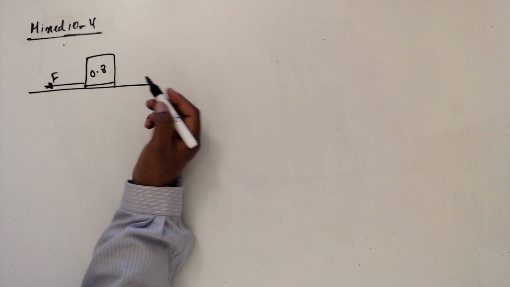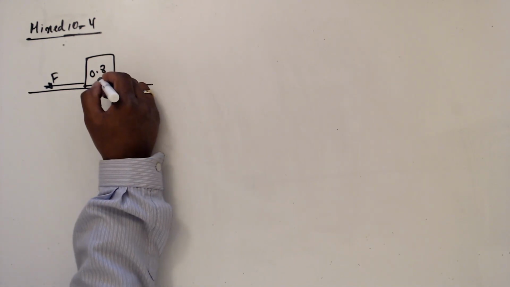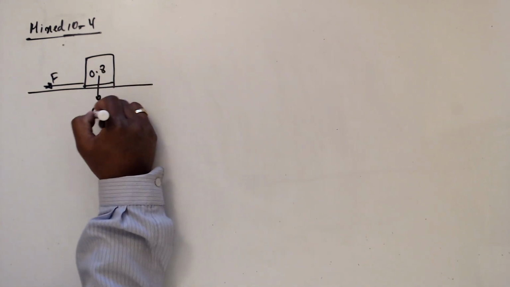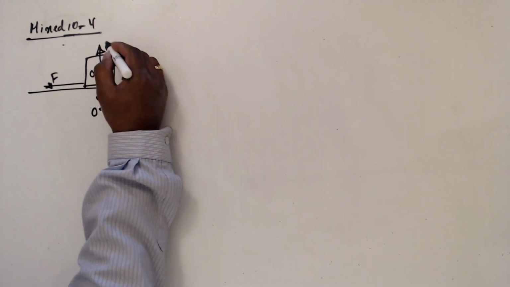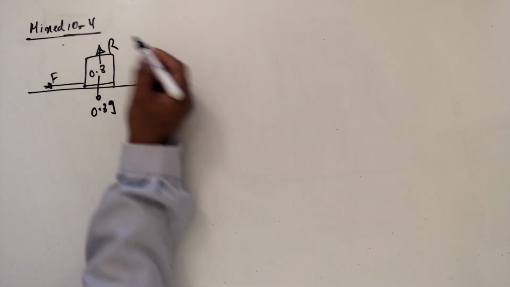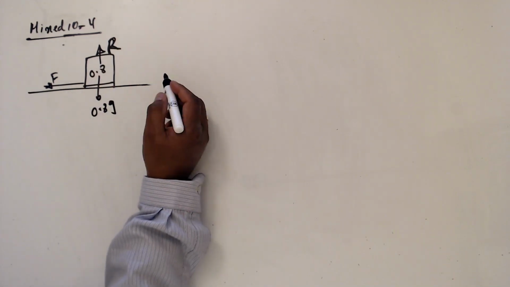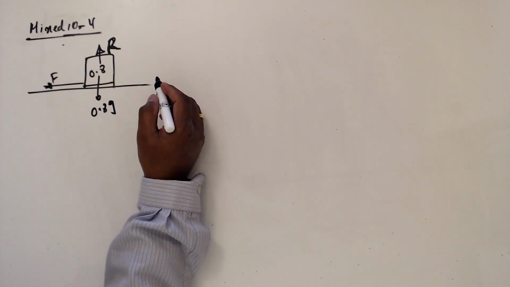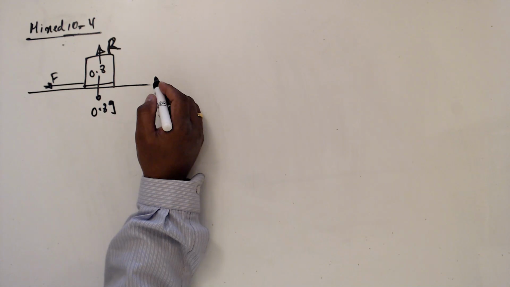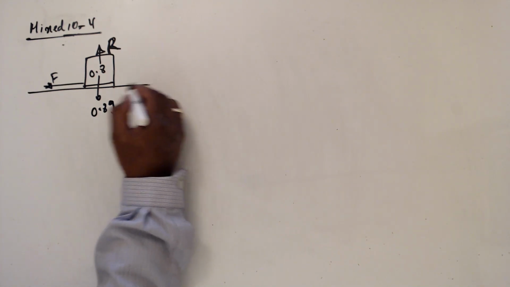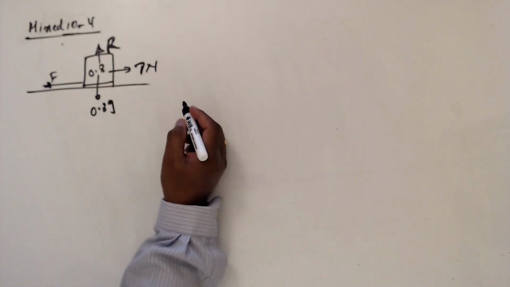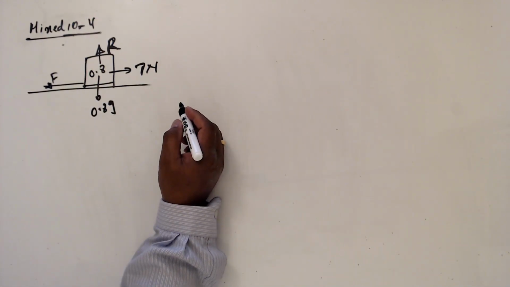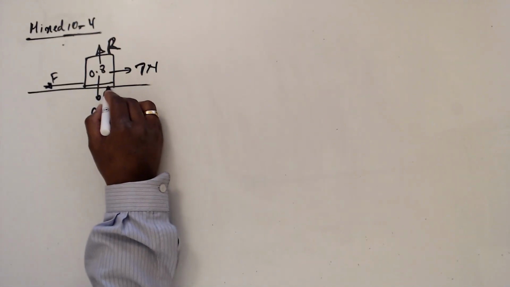Let's say that friction is F, and this weight is 0.8 g, and the normal reaction is R, by the constant horizontal force of magnitude 7 N. So this is 7 N. And the block moves 2 meters, starting from here.